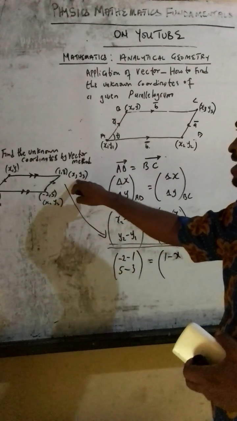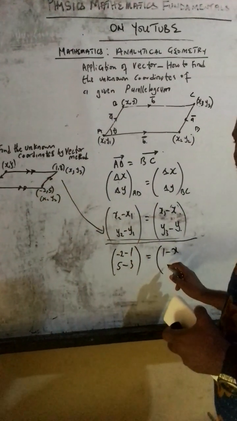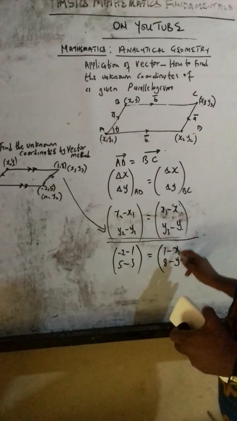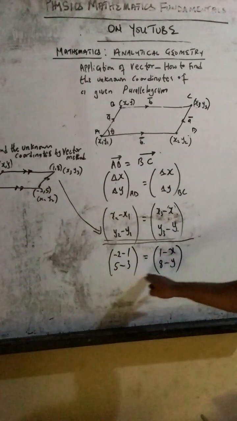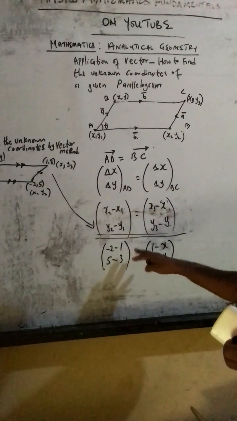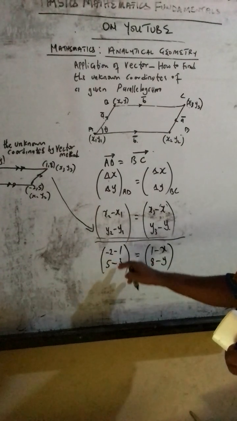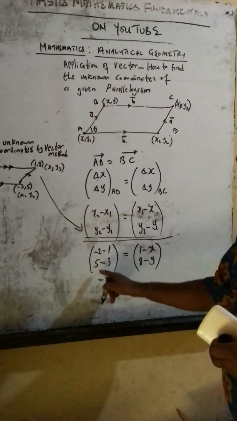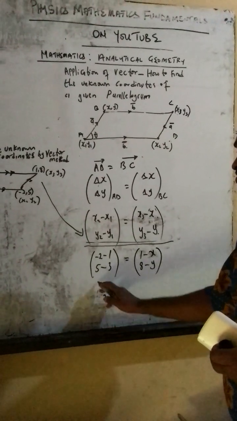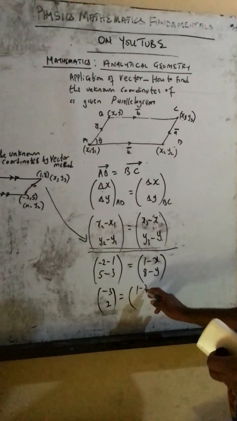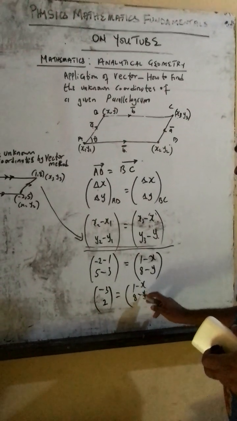Then y3 in this diagram here is 8. That's going to be 8 minus y. Now, because these two vectors are equal, their corresponding coordinates should be equal. Minus 2 minus 1 here will give us minus 3. And then 5 minus 3 will give us 2 here. Then here we still have 1 minus x, 8 minus y.